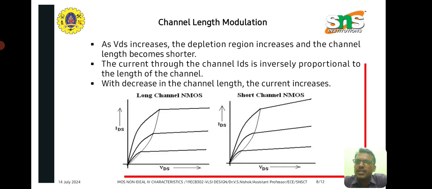But due to channel length modulation, in the short channel NMOS the current starts to increase along with the change in the voltage even in the saturation region.